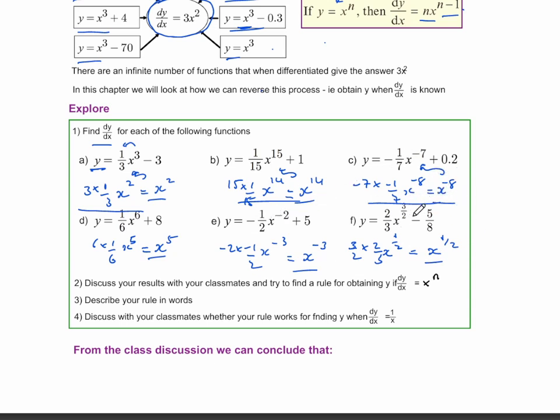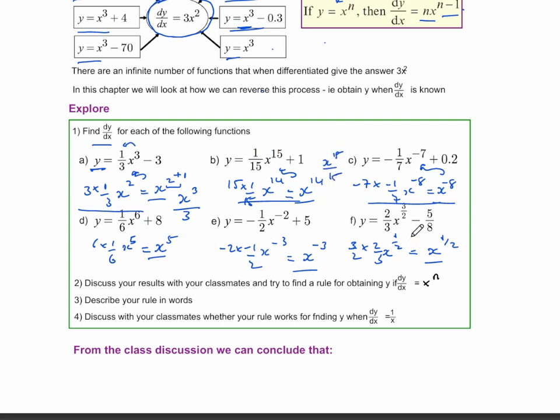If you notice what they've done, for all of them, we have taken the power, we have added 1 to it, yes, to get x power 3. Then we have divided by that same number that we got after we added, so 3. X power 3 over 3. Here, x power 15 over 15.